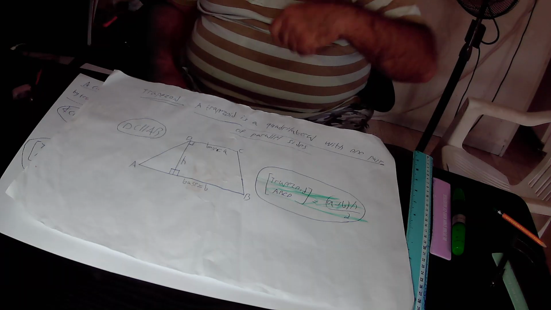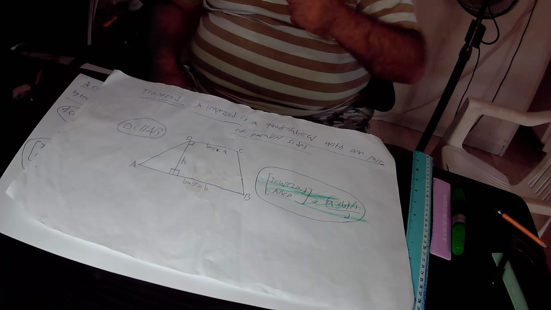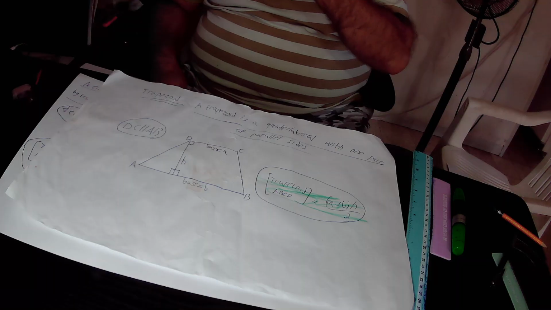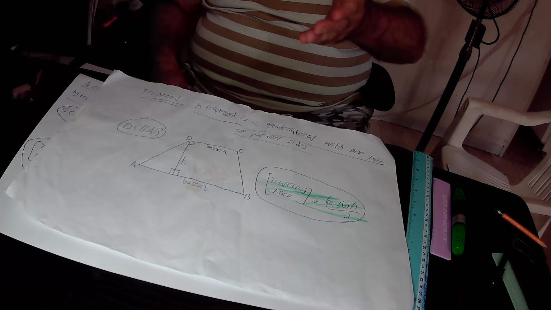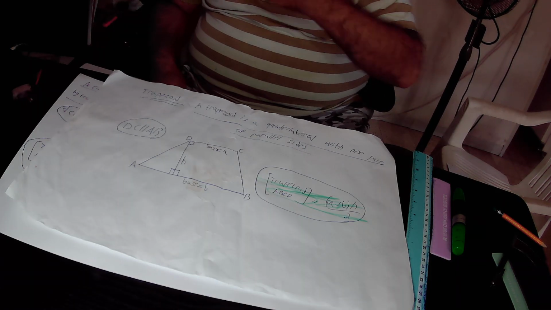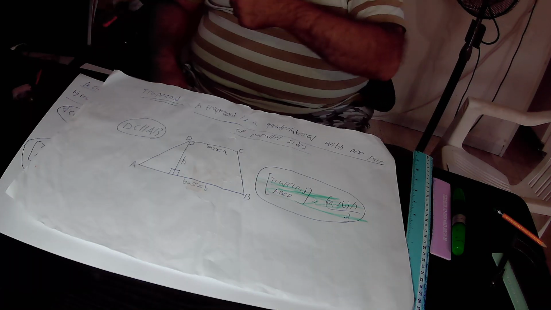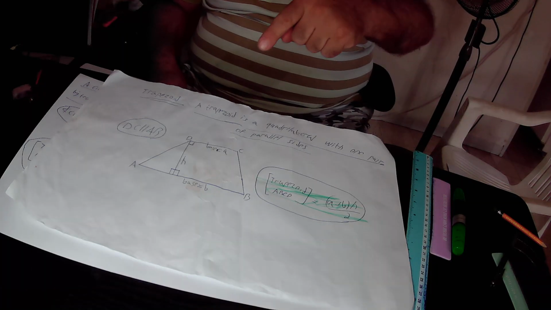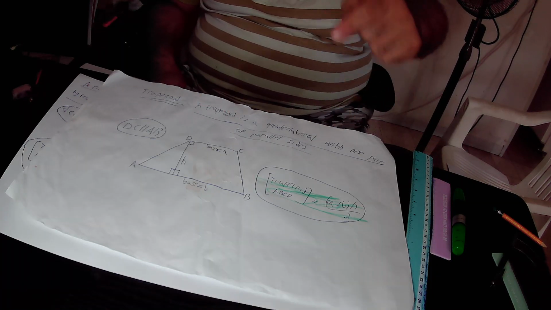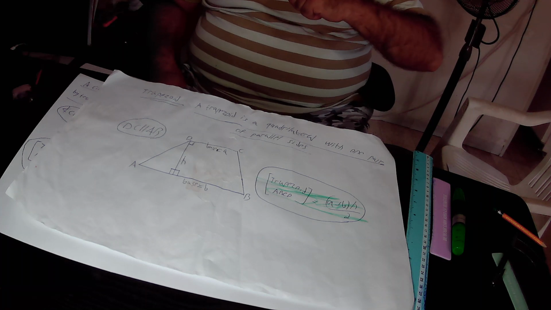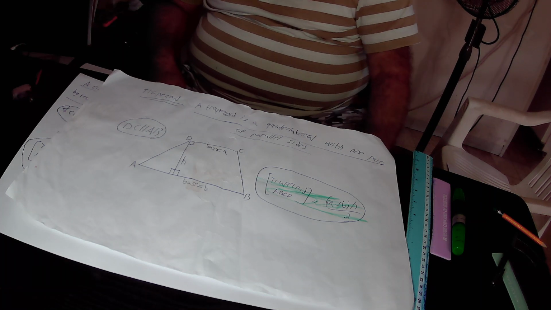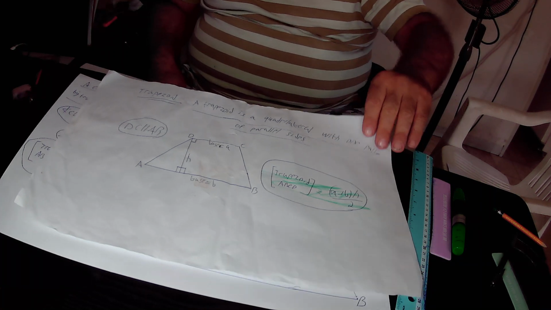The height must create 90 degrees with its two parallel bases. Again, the area of any trapezoid equals the sum of its two parallel bases, A plus B, times the height over 2, and the height must create 90 degrees with its two parallel bases.